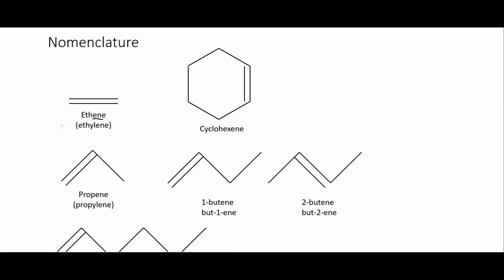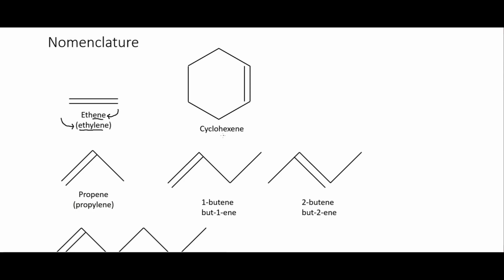I'll put common names quite often here in these parentheses, so you'll often see this commonly called ethylene. If we're going by the IUPAC nomenclature, ethene would be the systematic name for it, but quite often you will see it called ethylene.